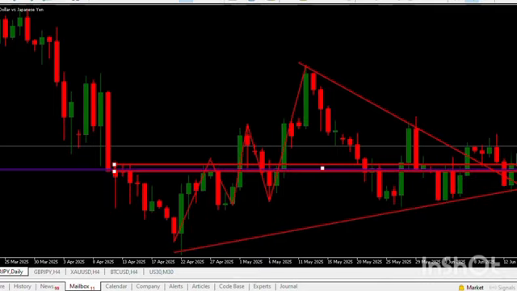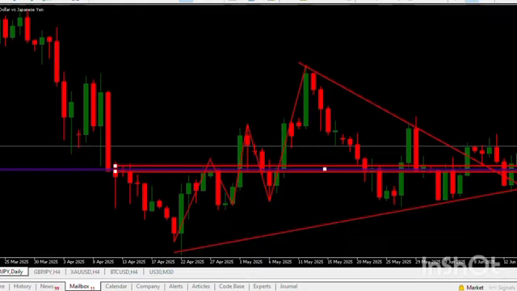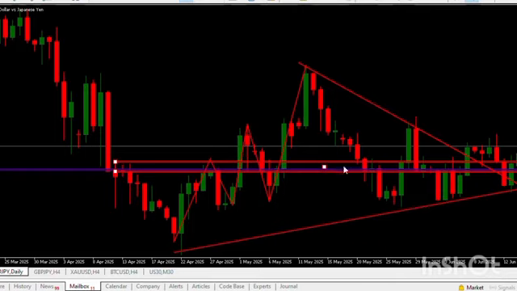This very level where I just boxed is what? A structure that has been altered. This structure has been altered from previous market.